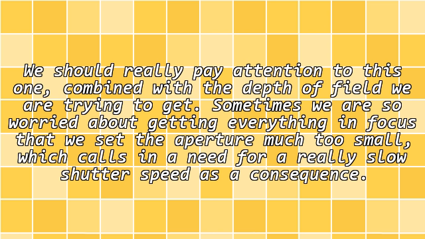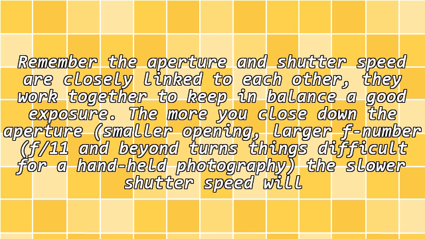8. Blurred images due to small apertures and slow shutter speed settings. We should really pay attention to this one, combined with the depth of field we are trying to get. Sometimes we are so worried about getting everything in focus that we set the aperture much too small, which calls for a really slow shutter speed as a consequence. Remember, the aperture and shutter speed are closely linked to each other. They work together to keep a good exposure in balance.